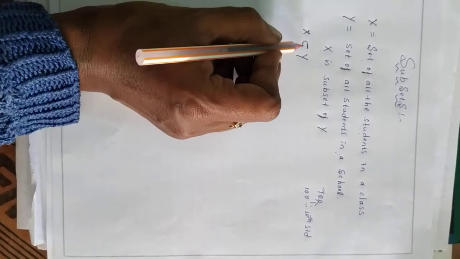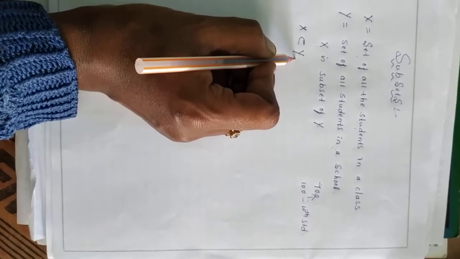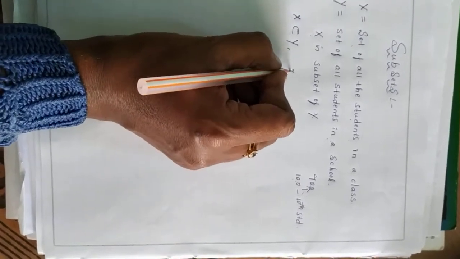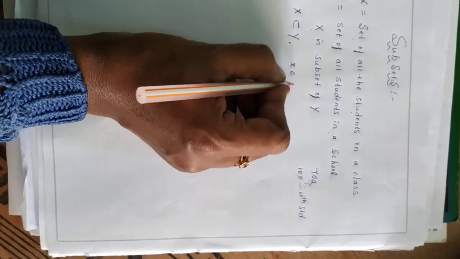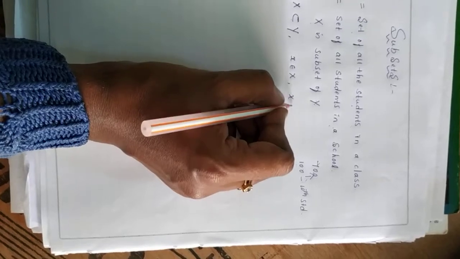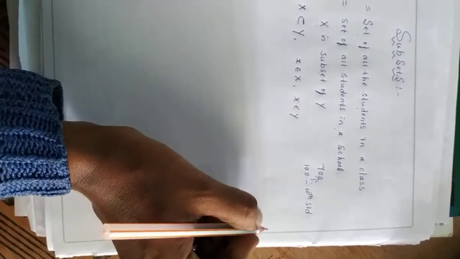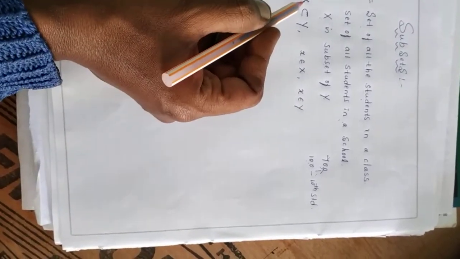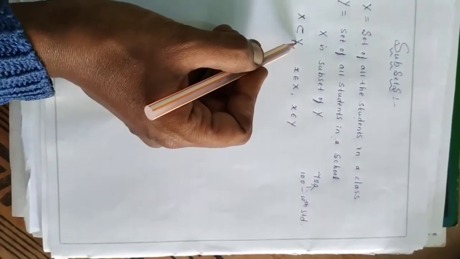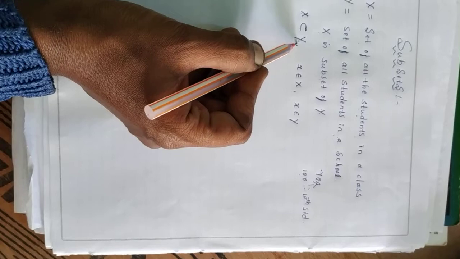X is a subset of Y if whenever small x is an element of X, then x also belongs to Y, because every element of X is also an element of Y. Then only we can say that X is a subset of Y.